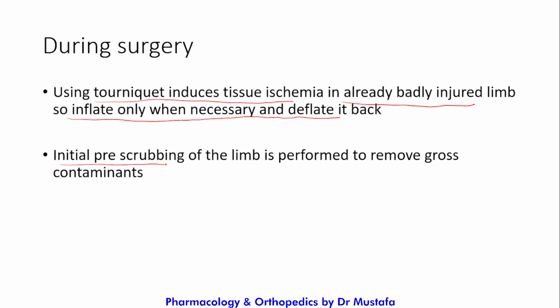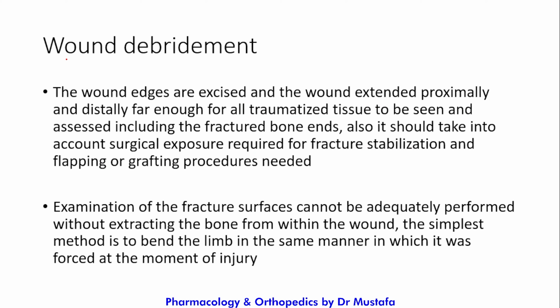Initial pre-scrubbing of the limb is performed to remove gross contaminants. Now regarding wound debridement. Remember I mentioned that the surgery contains two things: wound debridement and a form of fracture stabilization method. So let's talk about the wound debridement.